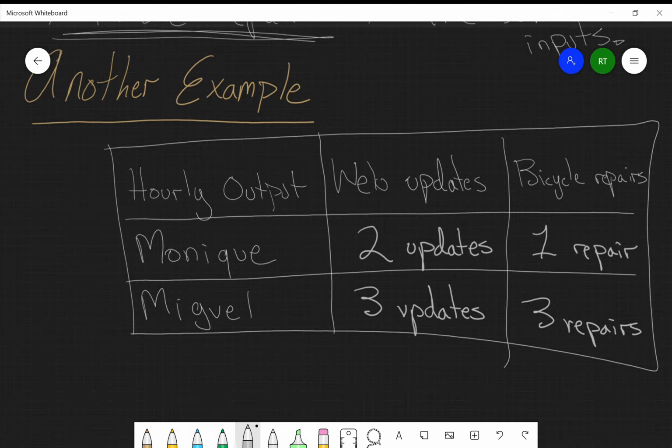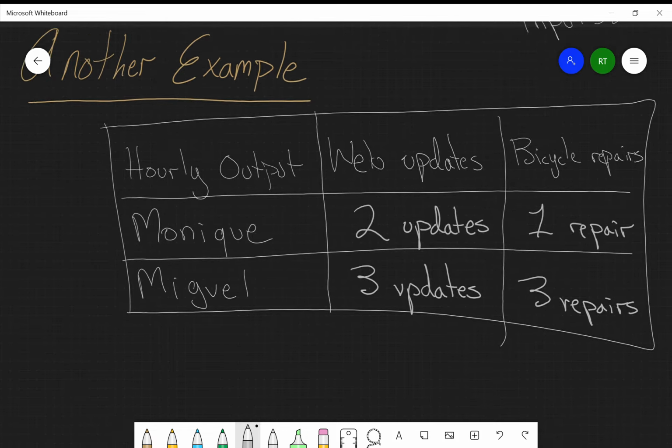So Miguel has the absolute advantage. Now, does this mean that we should just have Miguel do everything? No, right? We know that having Miguel specialize in the thing that he has the comparative advantage in, and then having Monique specialize in the thing that she has the comparative advantage in, is going to result in greater output given the same amount of resources.